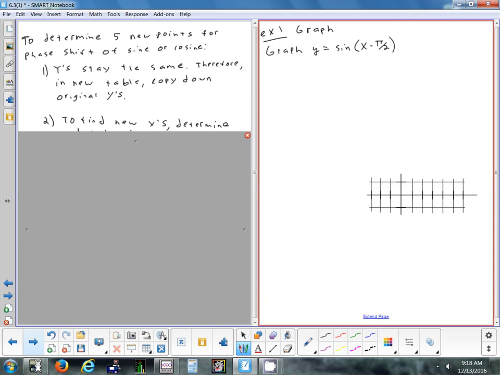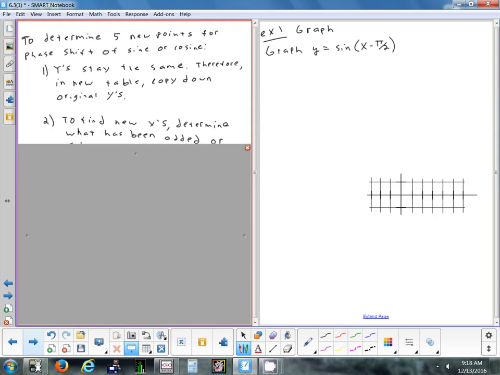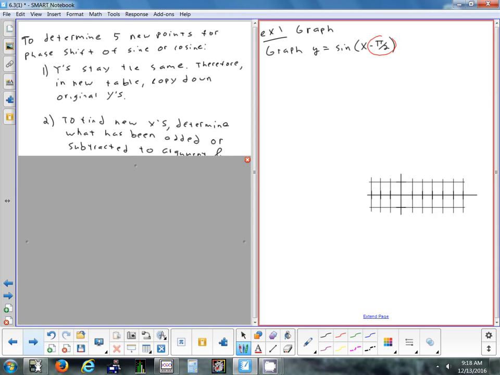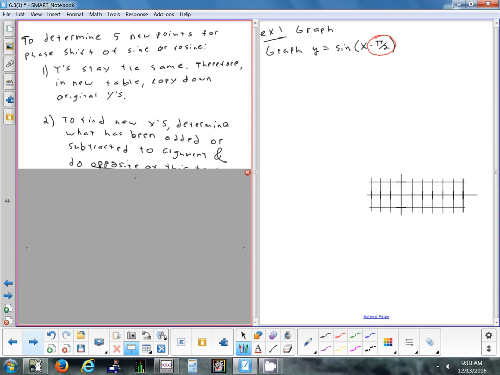Now, to find the new x values, you're going to look at what's been added or subtracted. So in the problem we're about to do, we've subtracted pi over 2. So figure out what's been added or subtracted and do the opposite of that.